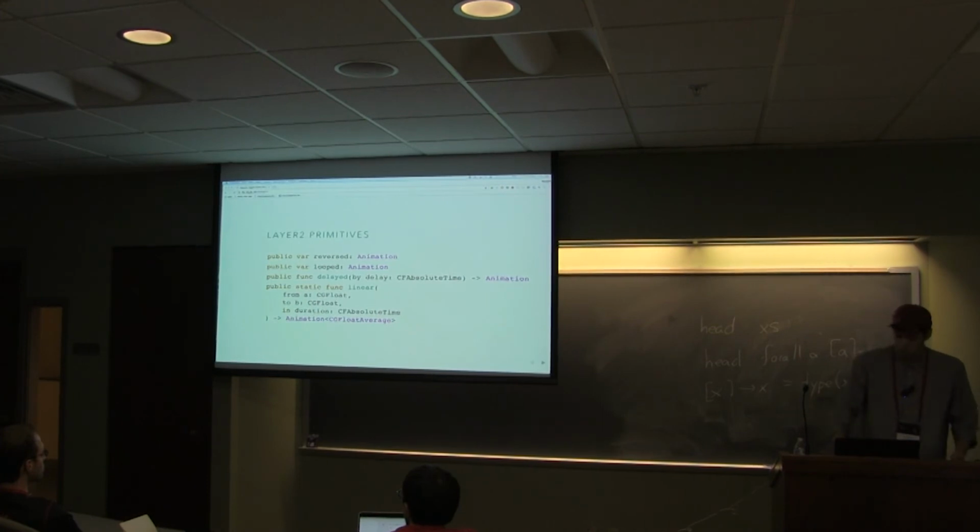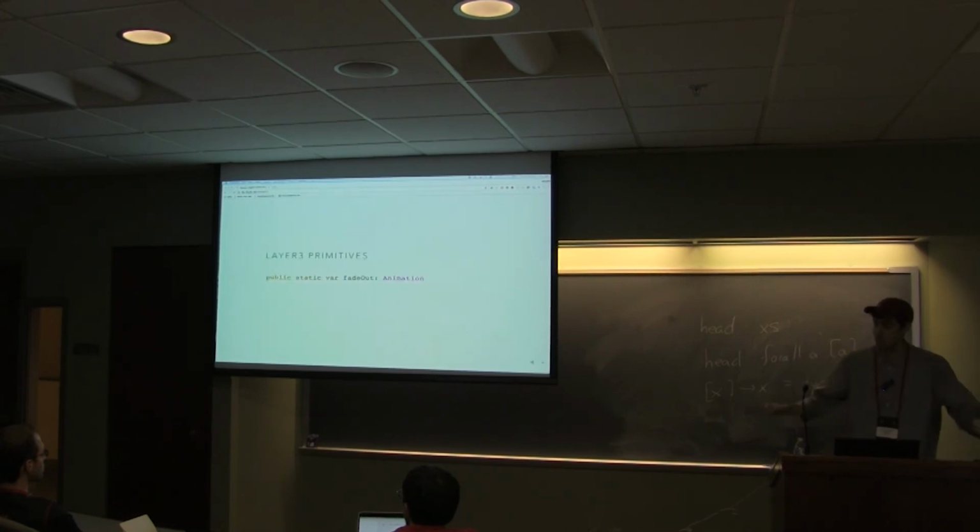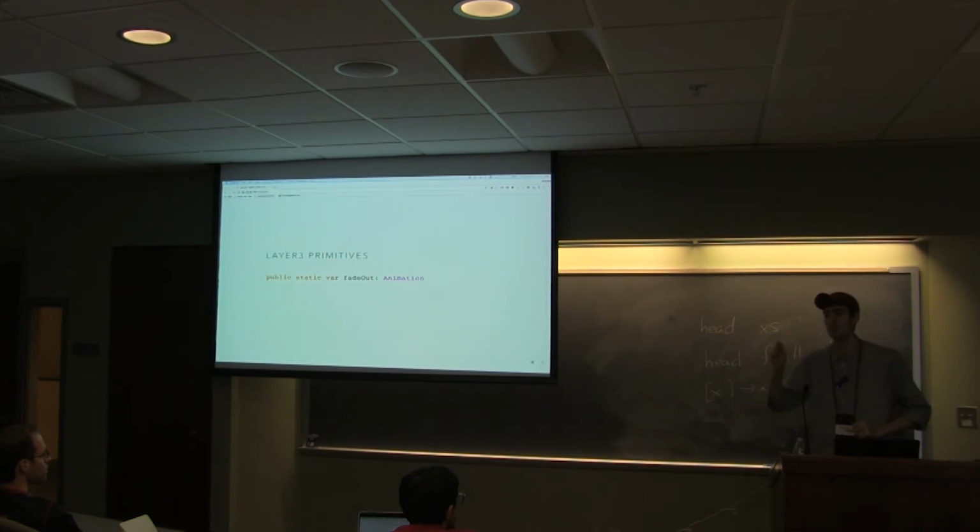But then what's really cool is there's this notion of a layer 3 primitive now, where pretend you're at some big company, big corporation, and you have a team of engineers, or your core infrastructure engineers for your application, and they work closely with the designers, and they say, okay, this is the fade out for our product at corporation X, and we need the fade out to have this specific easing curve and last this long everywhere it's used.